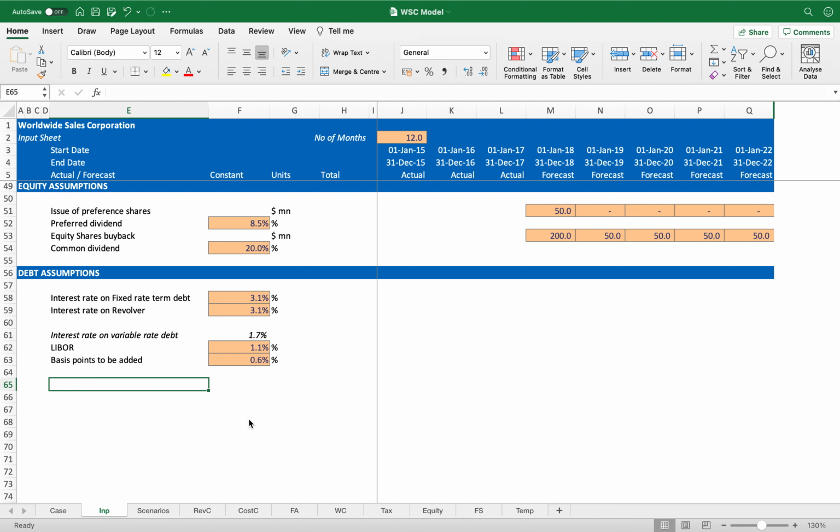Now, next it was given that interest rate on excess cash, I will generate some income also, that is 1%.